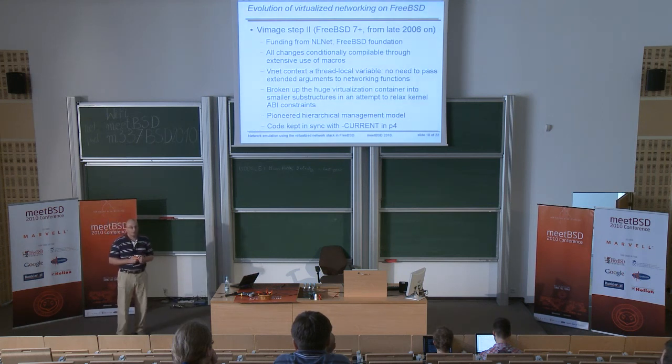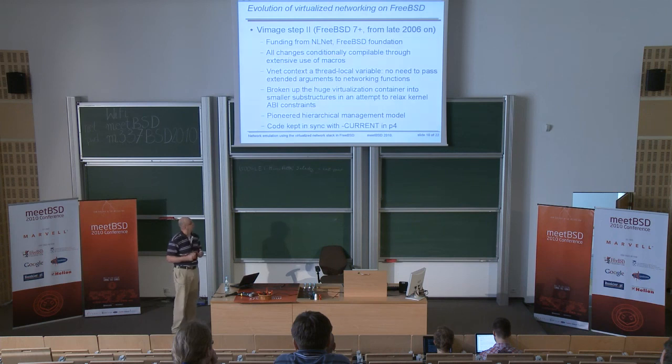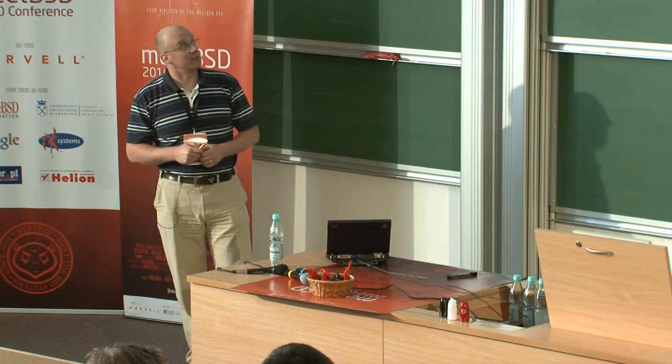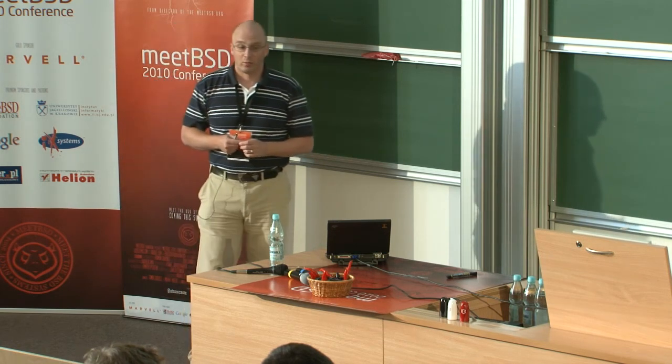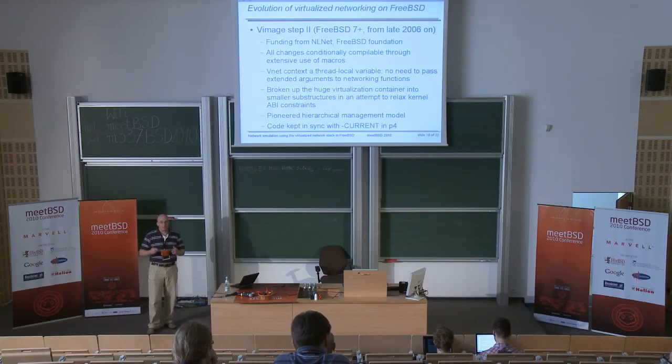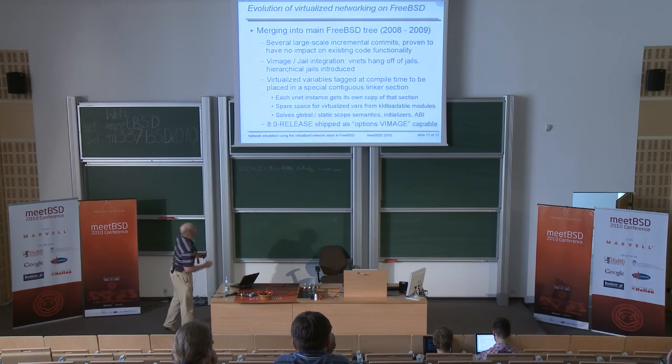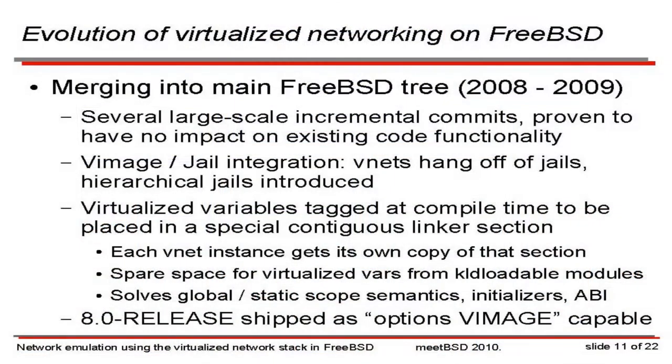This worked, but it appeared that a better method could be accomplished. And one more thing: at this stage, we successfully pioneered hierarchical organization of those virtual environments. I called them Vimages at that time, and these days the Vimages or virtual network stacks are pretty much integrated with jails.